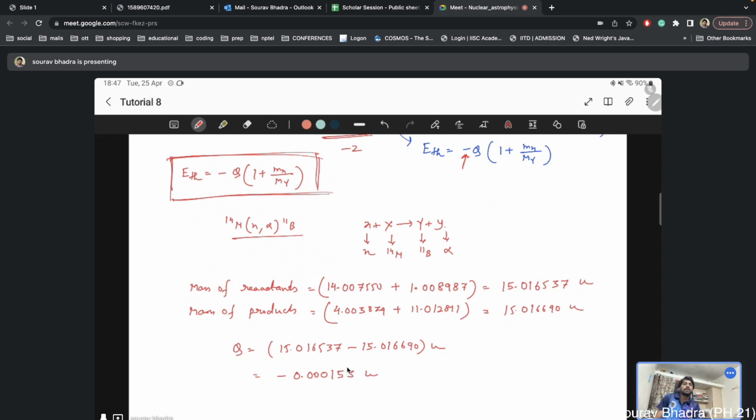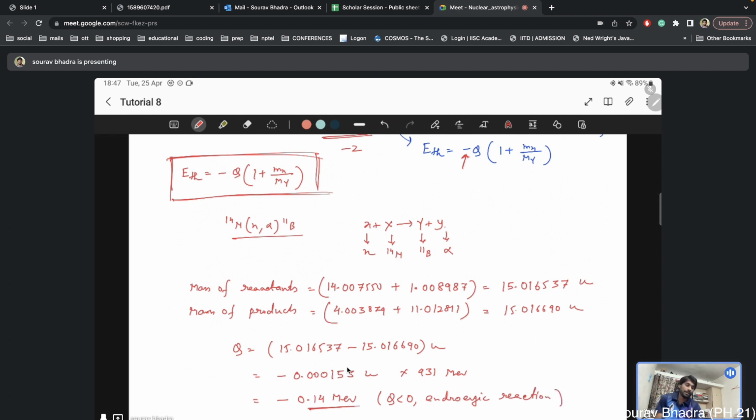If we multiply it with the energy equivalent, 931 mega electron volt, that will give you minus 0.14 mega electron volt. So you can see that Q is negative. That means the Q value is telling us it is an endoergic reaction, and I have told you that for an endoergic reaction there should be some threshold value.